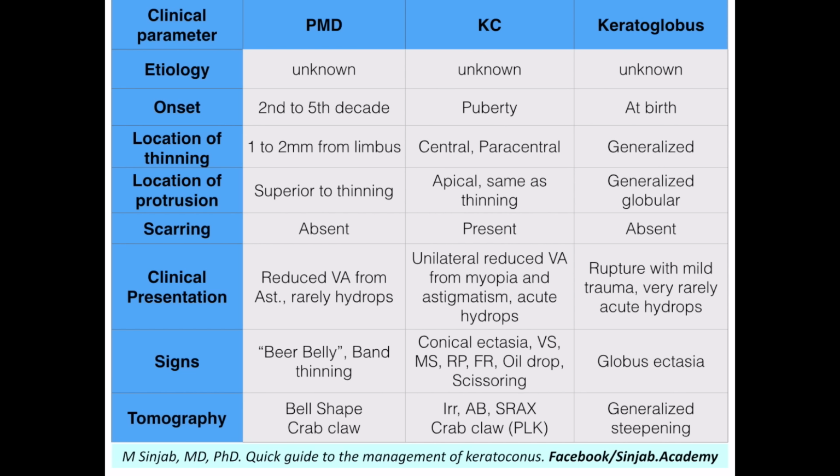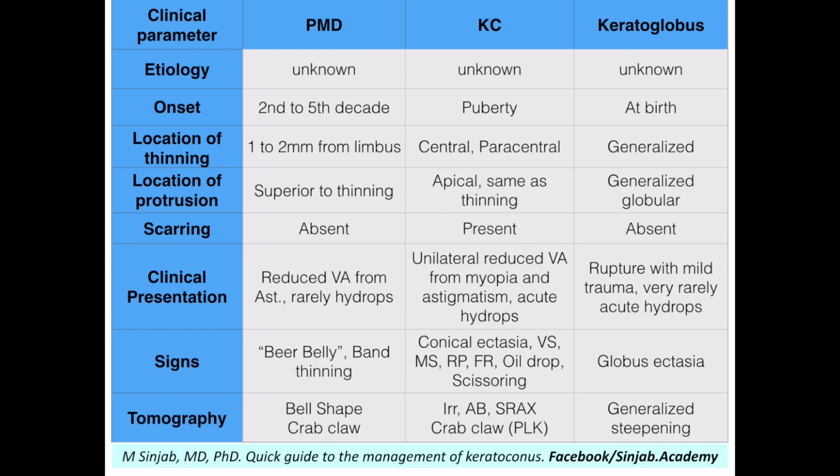It's helpful to read this table, which differentiates between pellucid marginal degeneration, keratoconus, and keratoglobus in terms of the etiology, onset, location of thinning, location of protrusion, scarring, clinical presentation, signs, and topography.